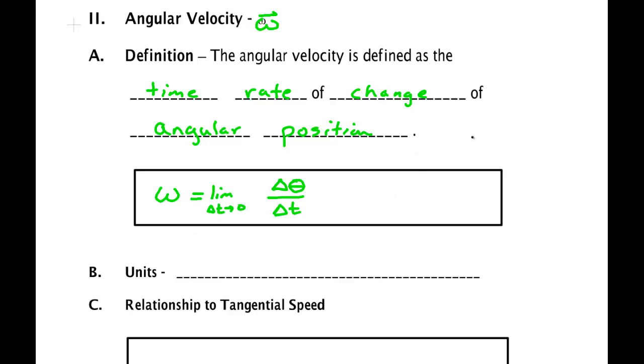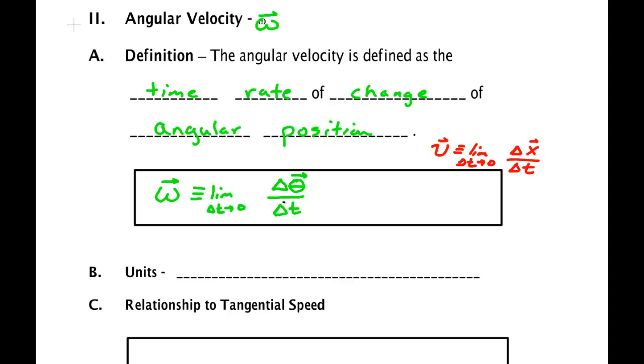We had velocity defined as the limit as delta t went to 0 of the displacement delta x over delta t. And it was a vector. Well, this new one is a vector too. While theta may not be a vector, as I talked about in the last video, the change is. And that means that omega has direction as well.